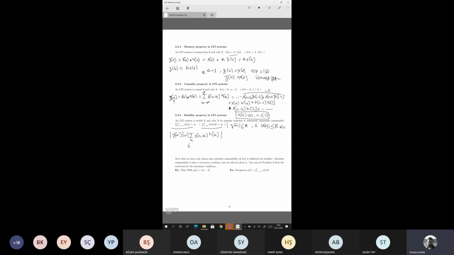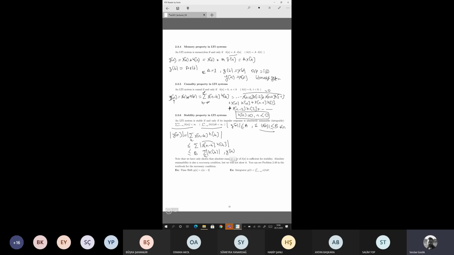I know that this is smaller than or equal to this term, x of n minus k, h of k. And again, I know that this is smaller than or equal to some b, because I know that x of n is bounded by some b value. This is smaller than or equal to b times the summation over k of h of k with absolute sign.